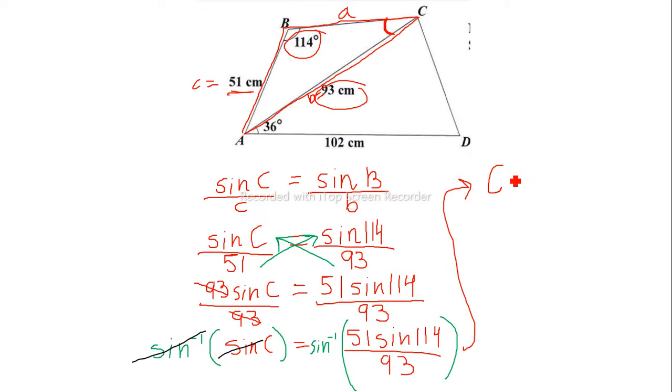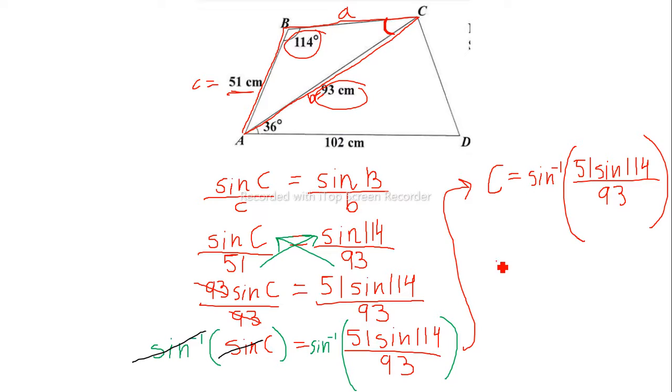So we get that C is equal to sine inverse of 51 multiplied by sine of 114, all divided by 93, close bracket.